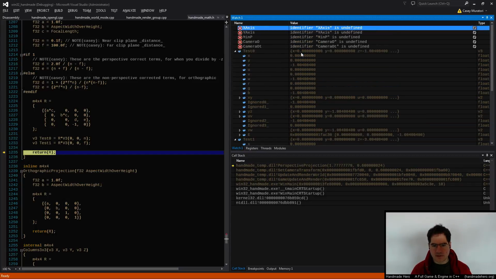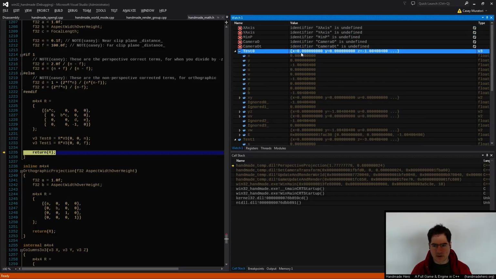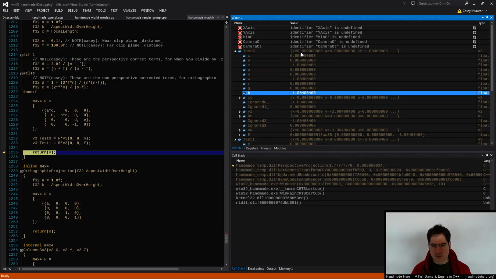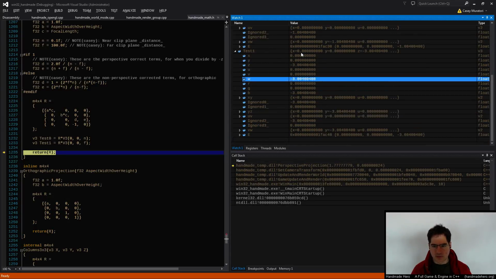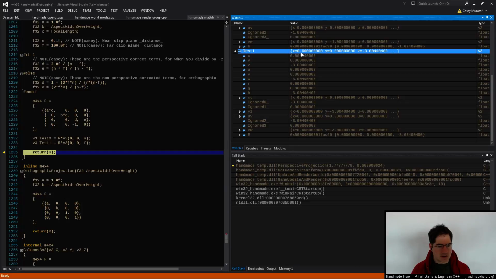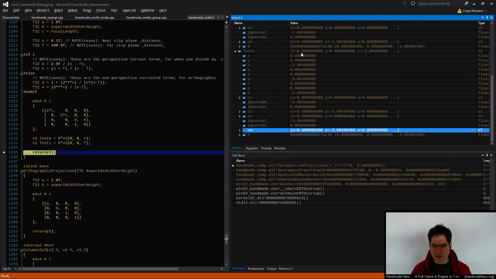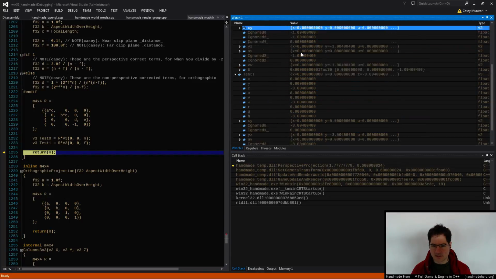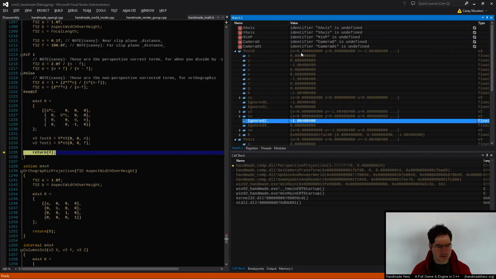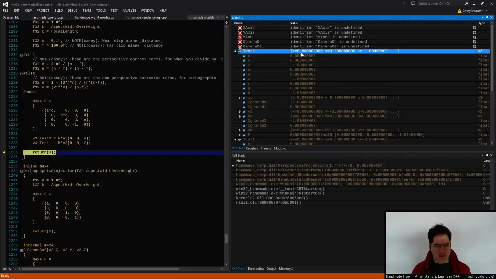In this case, test 0 is coming out to be -1, and test 1 is coming out to be -3. Those are not useful values at all. That does not seem correct to me at all, because we're passing in an n and an f there, and it feels like those should be coming out much more sanely, right?